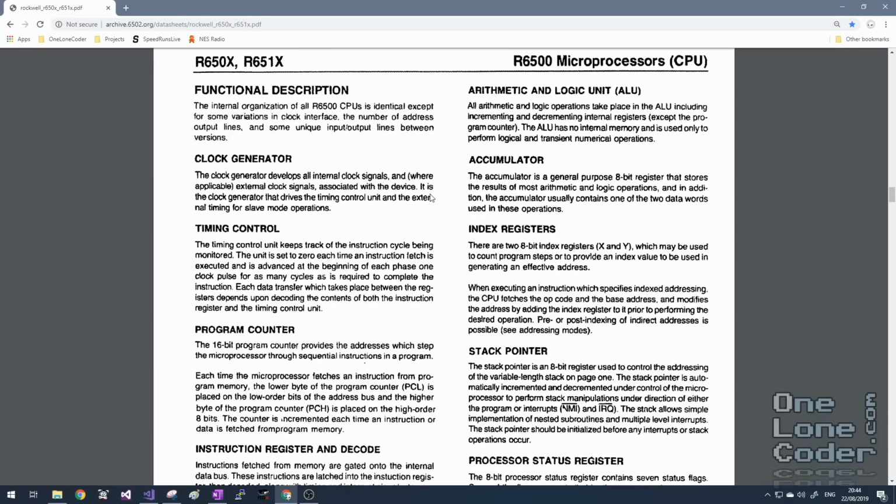And what's this here? Here in the instruction manual for the CPU, we see, reading down the list, what do we see? Clock generator, timing control, program counter, instruction register and decode, stack pointer. What's down there beneath my little processor status register, the accumulator.